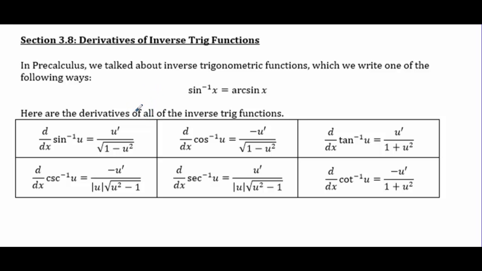So the way that these work is these are basically going to be formulas that we fill in. So this says that the derivative of the inverse sine of u equals, what I do is I take whatever u is, which can be just a letter like x, but most often it's going to be something that has more than just x, like 2x or something else.